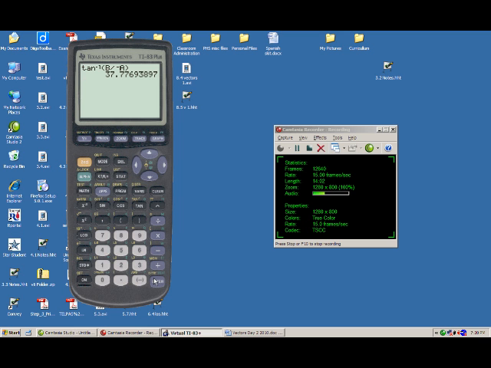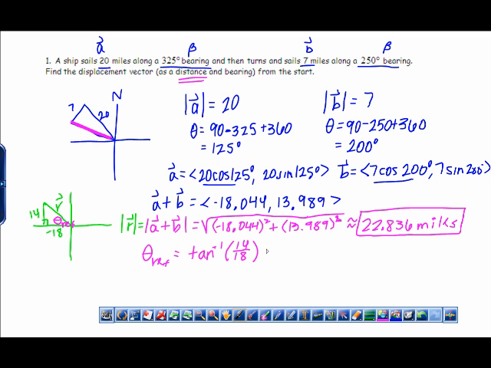This will give me an accurate answer. I knew that answer seemed weird for some reason. What I had before was an approximation, but this is the most accurate because I had these values stored in. So I have 37.777 degrees. And this is still an approximation, but it's the most accurate one that I have.